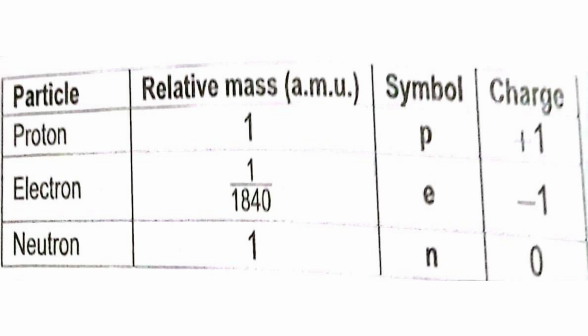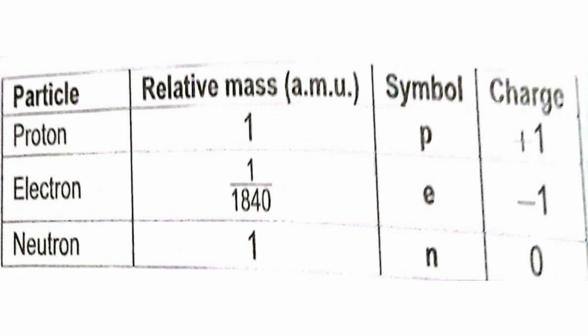Then we have the electron. The electron is negatively charged. They are found at fixed positions around the center of the atom called the energy levels. It has a relative atomic mass of 1/1840 AMU, atomic mass units.